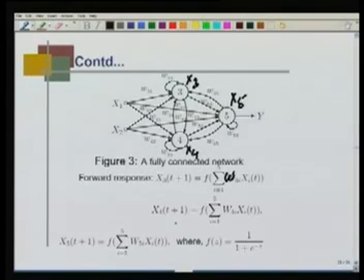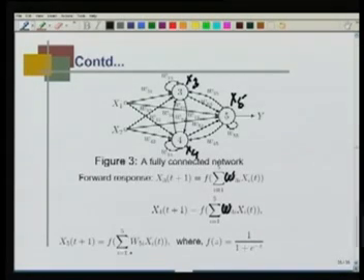Similarly, x4(t+1) is f of the summation of w4i xi(t), and x5(t+1) is f of the summation of w5i xi(t), because every node is connected to all other nodes. So, all the 5 nodes, 2 input nodes and 3 neurons.